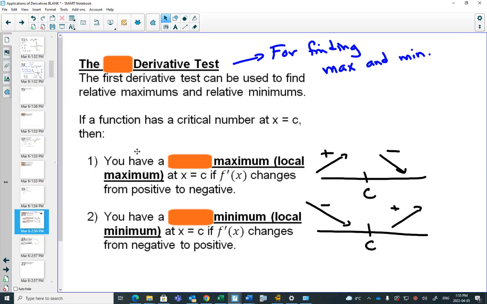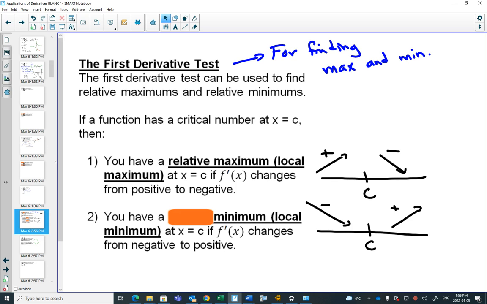We'll start our video here with a quick recap of the first derivative test. So the first derivative test, you find your first derivative, you find where your first derivative is equal to 0, and if it is increasing to decreasing, in other words, if your derivative changes from positive to negative, you'll have a maximum.